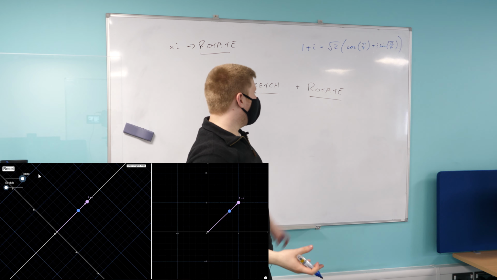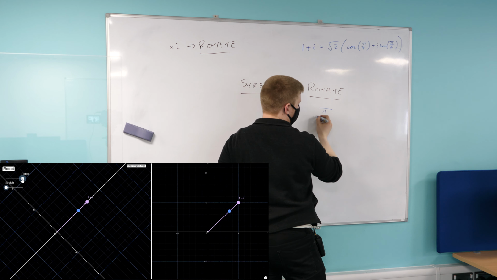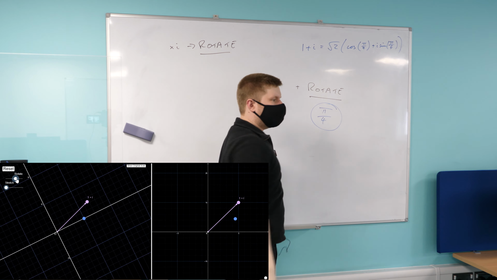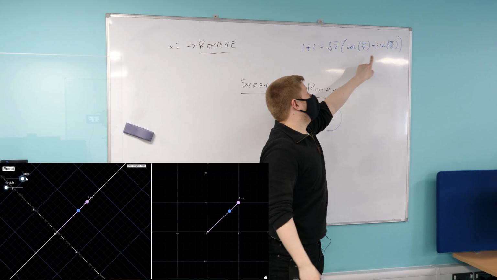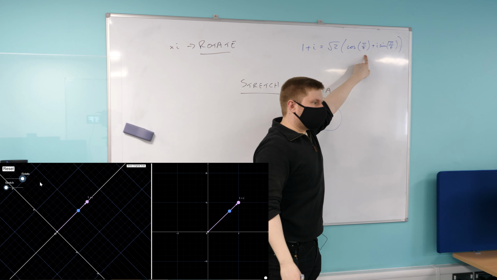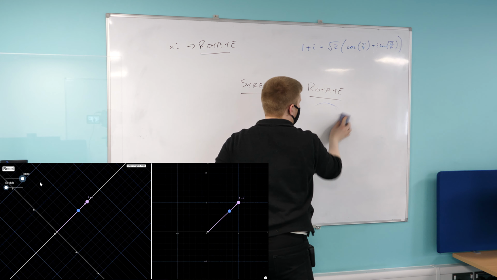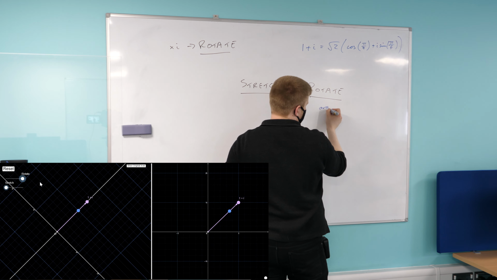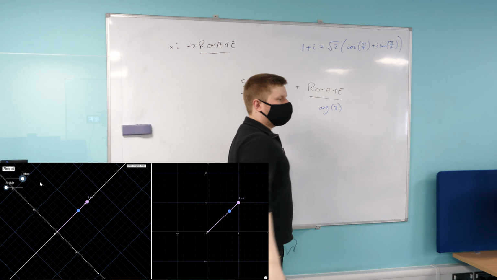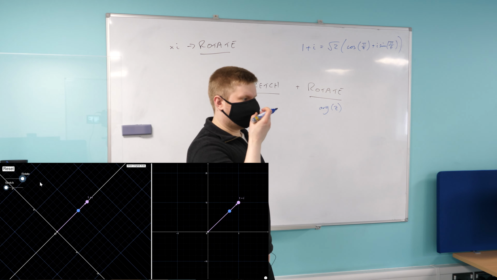The reason I rotate by pi by 4 is because I literally rotate by the argument of the complex number that I'm multiplying by. More generally, I'm going to rotate by the argument of whatever complex number I'm multiplying by, okay?